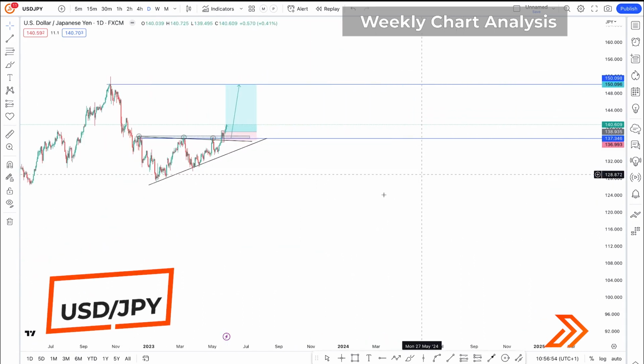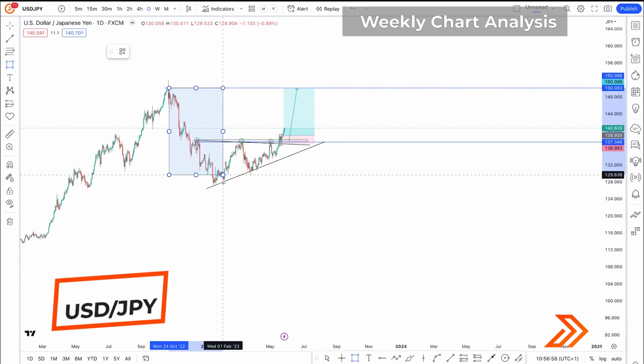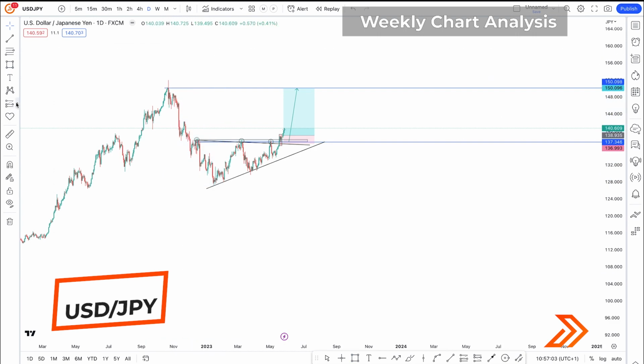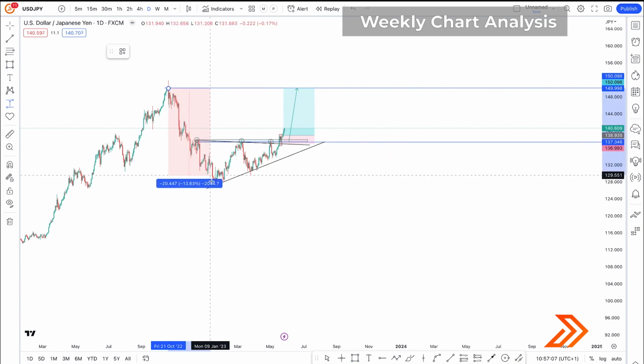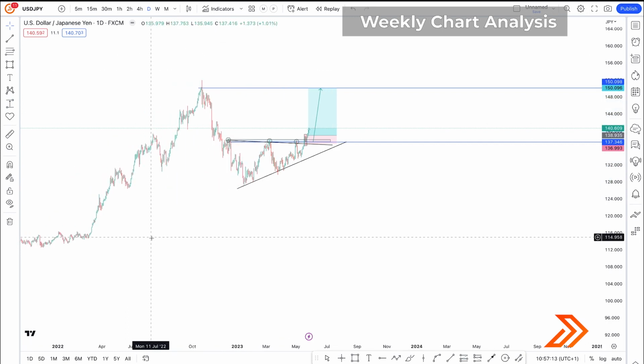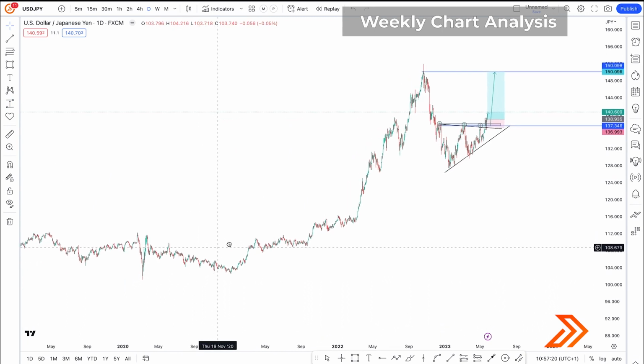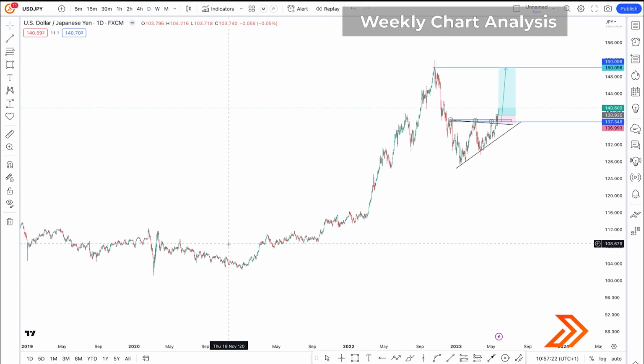This move here is an impulse move on USD JPY, and this move is over 231 pips, because as you can see, the trend direction on USD JPY has majorly been bullish since the past couple of weeks.